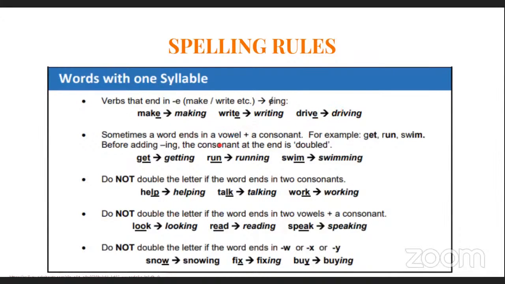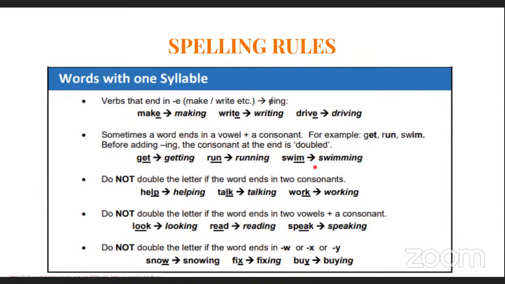And for all of the verbs that follow the next rule, consonant, vowel, consonant, we have to double the last consonant and add ing. So from get is going to be getting, run, running, swim, swimming. Perfect.